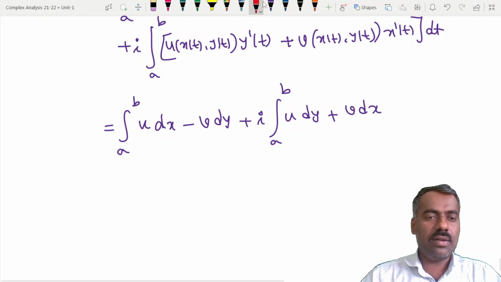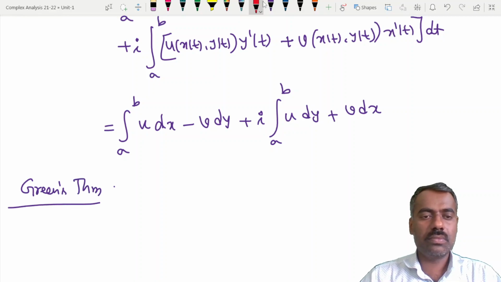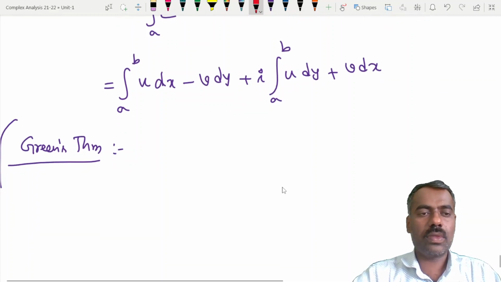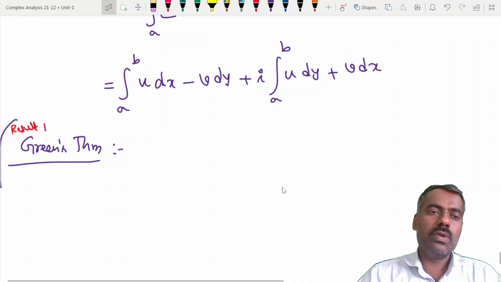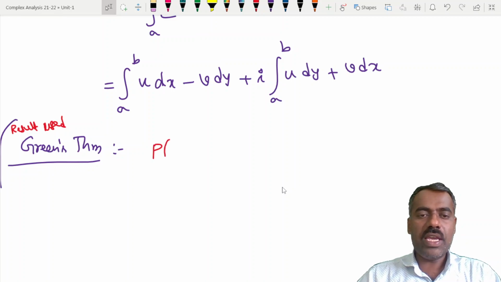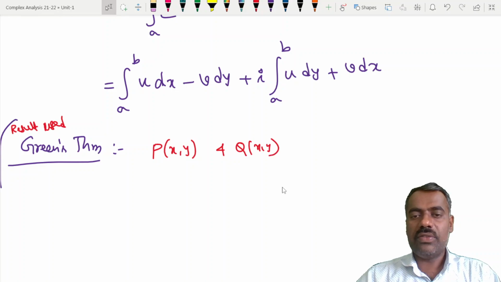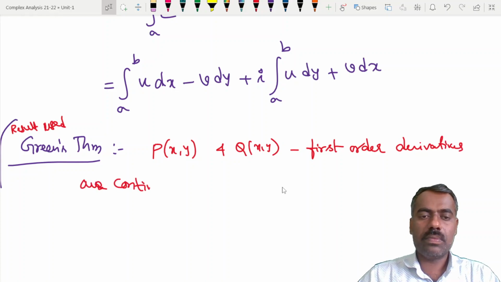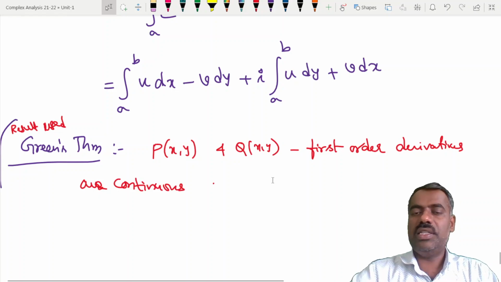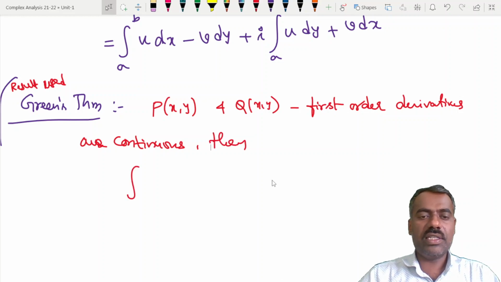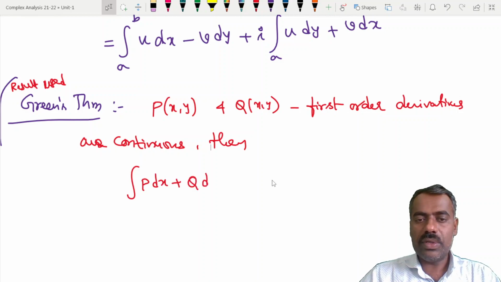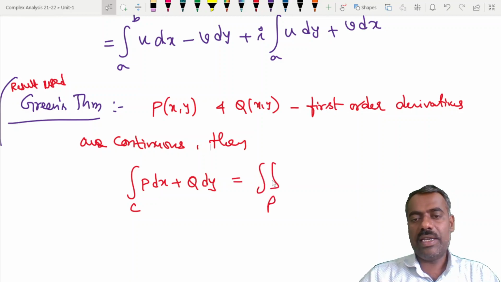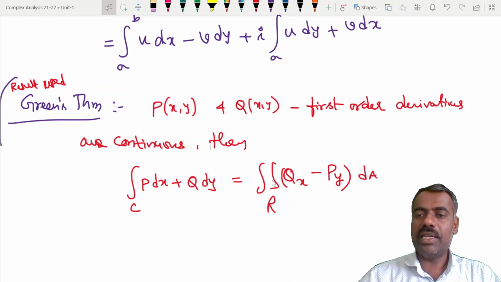Now what we use here is called Green's theorem. The result which will be used here is this: if we have P and Q, real functions in two variables, which are continuous and whose first order partial derivatives are continuous in the given region R, then the integration of P dx plus Q dy over the given curve C is nothing but the double integration over the region R of Qx minus Py dA.